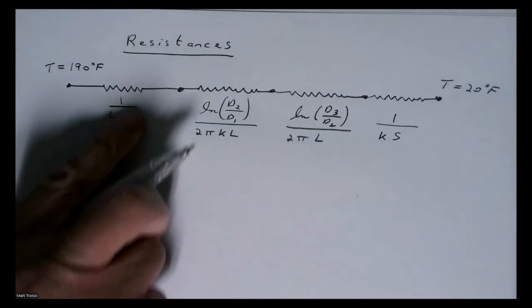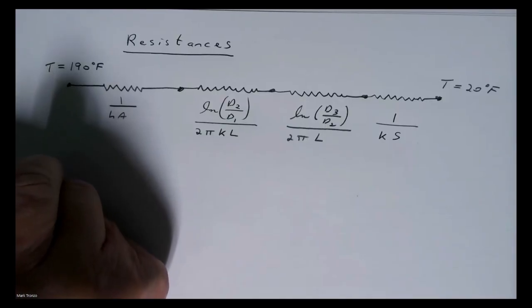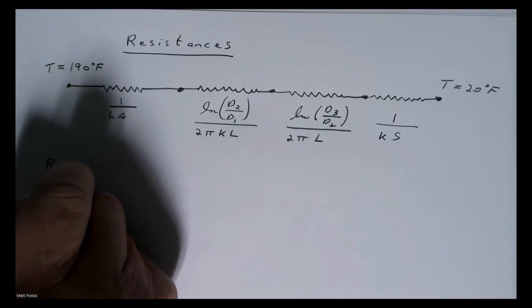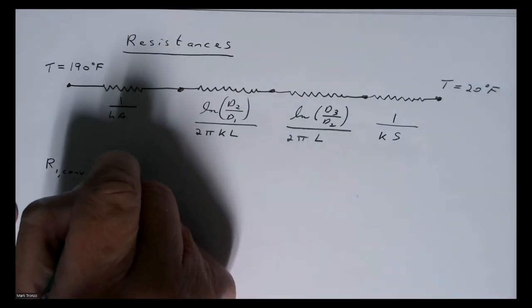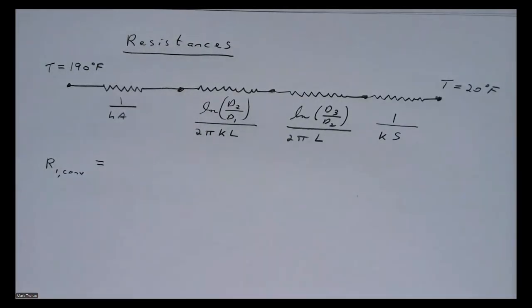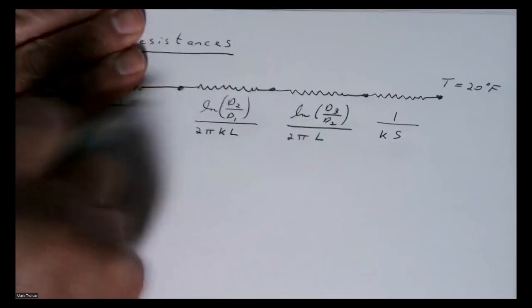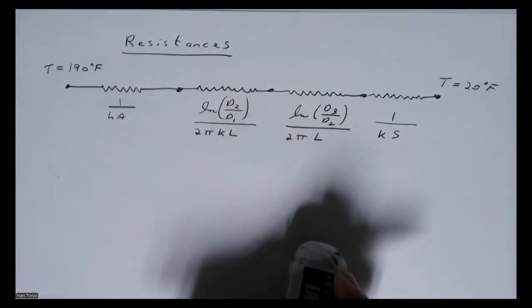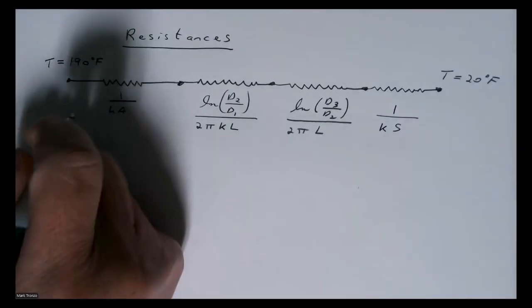So let's go right over here to this convection one, and let me call that R1 convection. One thing I just realized, we're probably going to need to calculate the length of the pipe. Remember, the pipe length was 3 miles. We want to convert that to feet, since everything else has been converted to feet.